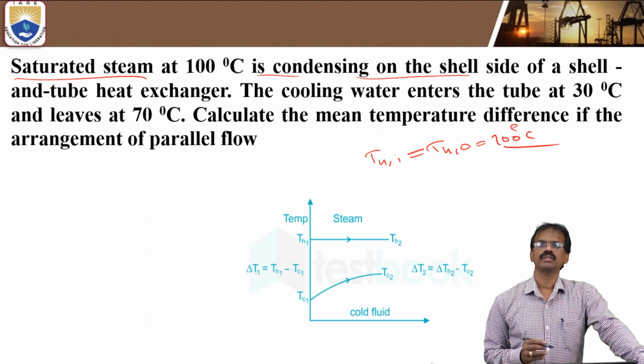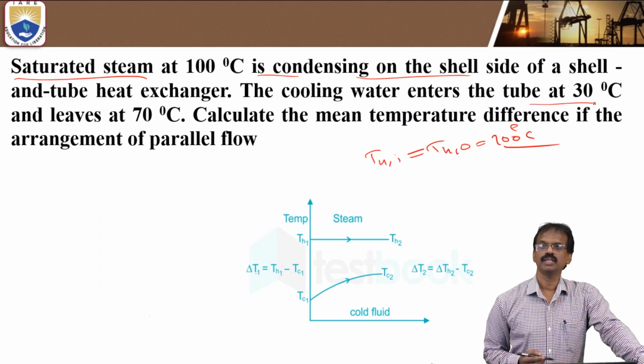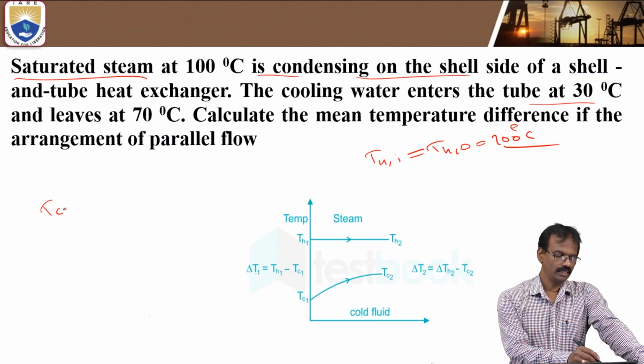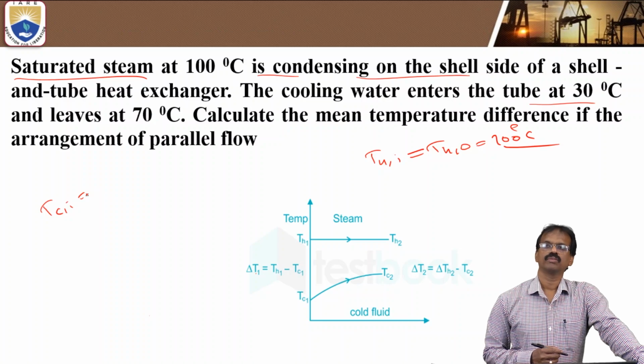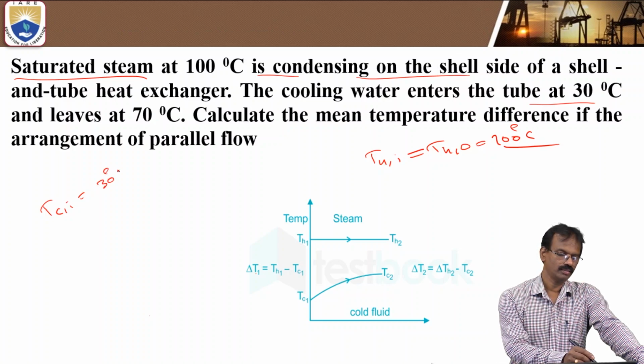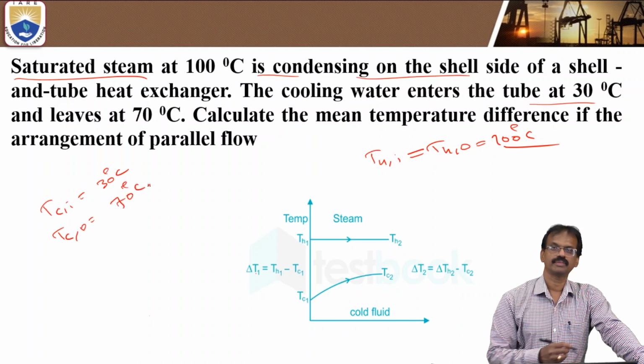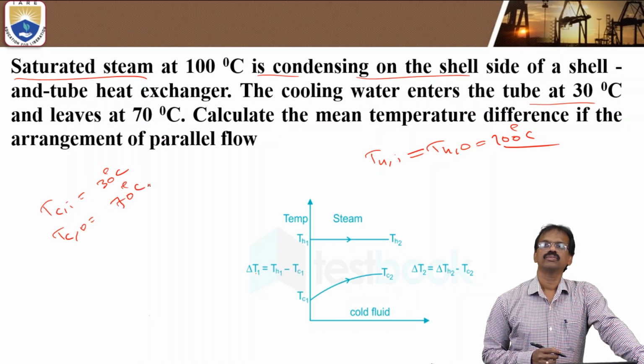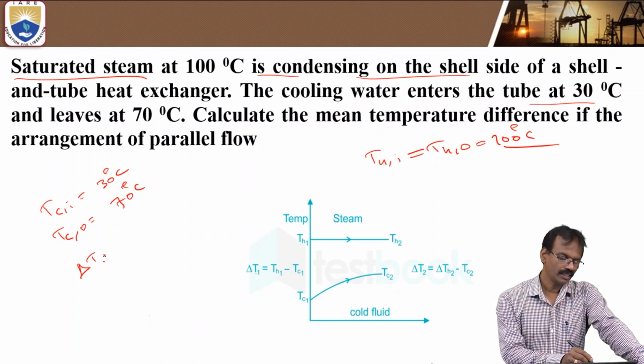The cooling water enters the tube at 30 degrees Celsius, so TCI is equal to 30 degrees Celsius, and leaves at TCO equal to 70 degrees Celsius. Calculate the mean temperature difference if the arrangement is parallel flow. So we have to find out the delta TLM.